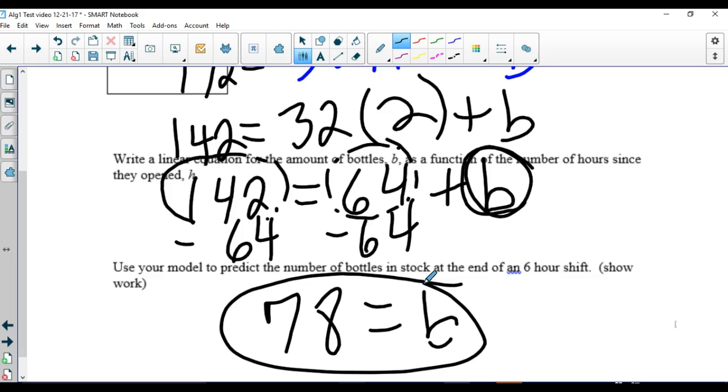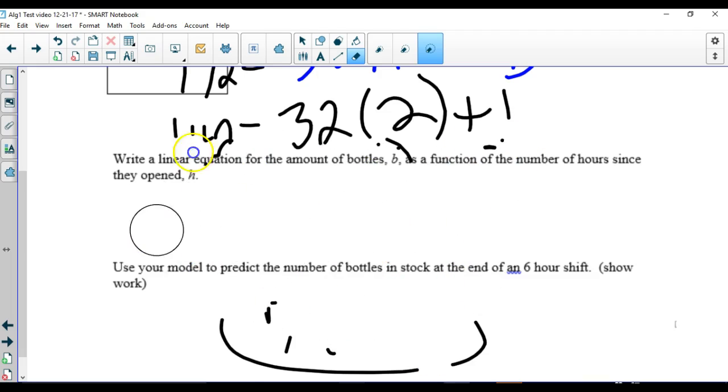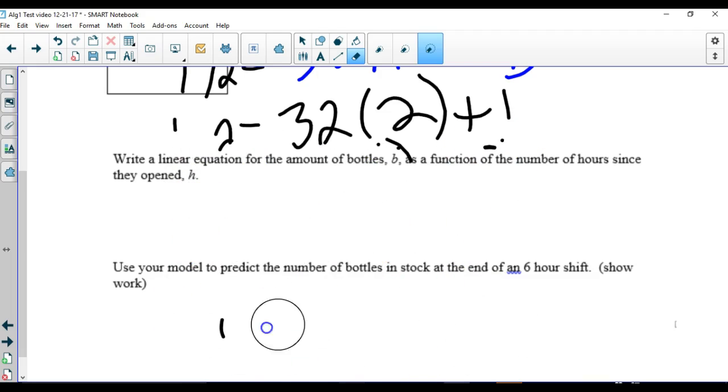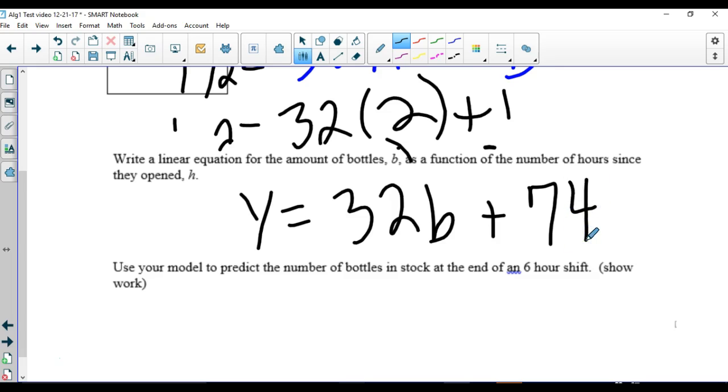Okay, so if I write my linear equation, it's going to be y equals 32b plus 74.